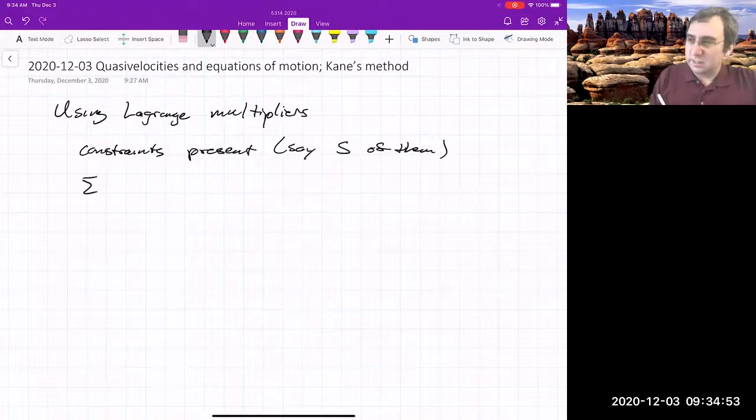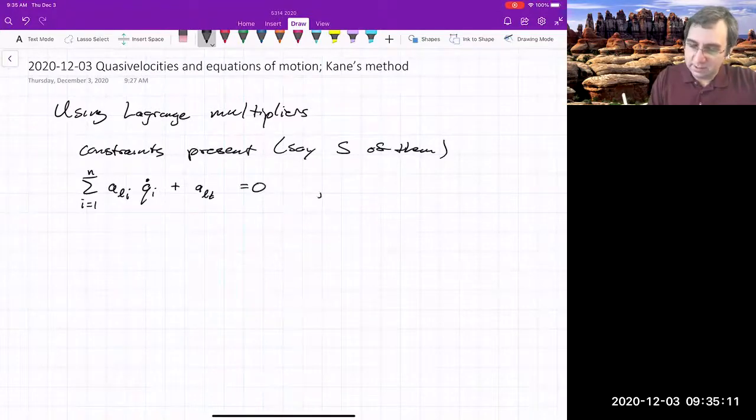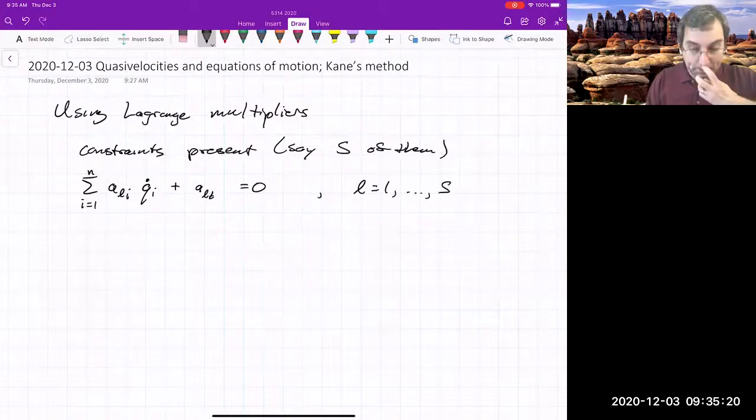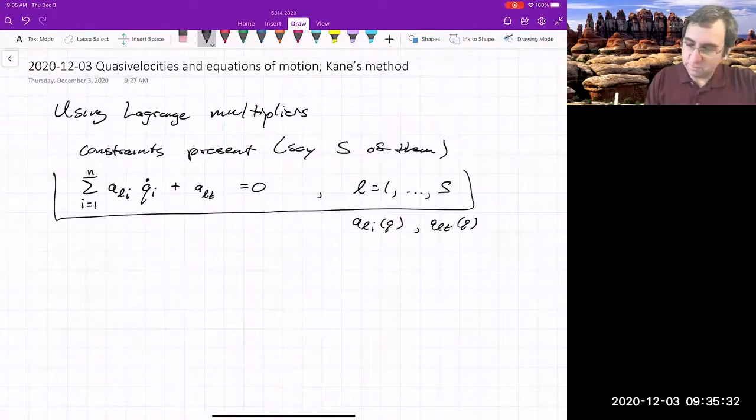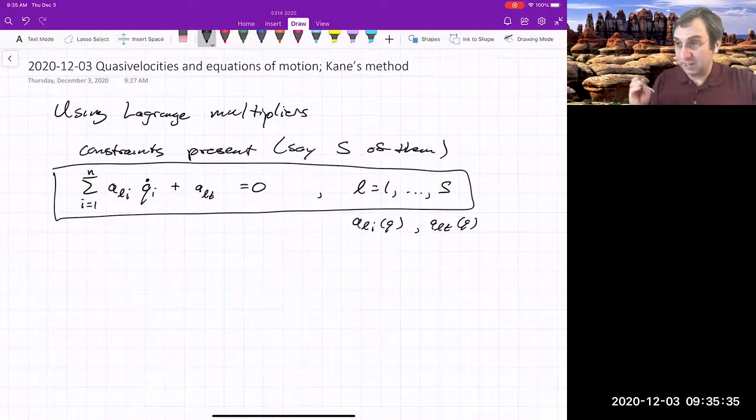We can always write them in this form, where it's a sum over our n generalized coordinates, A_LI q_i dot plus A_LT equals 0, where this index L goes from 1 to S. Okay, and these A_LI might be a function of q, and A_LT might be a function of the q's as well. So we've got S constraint equations.